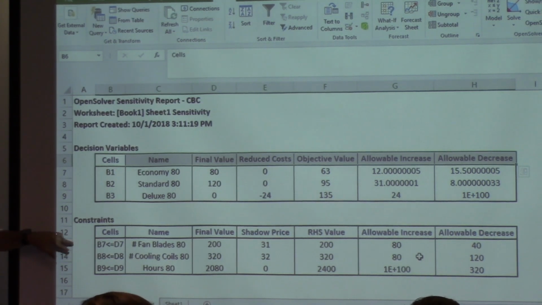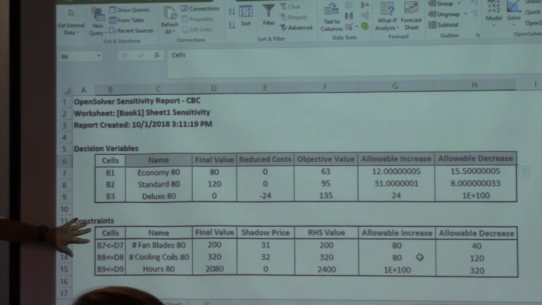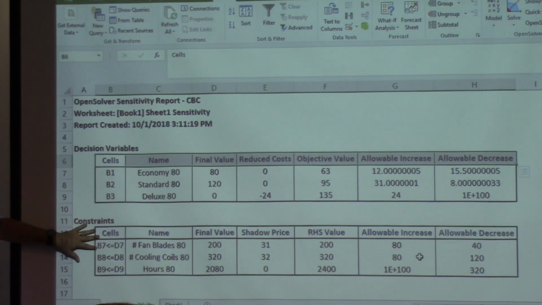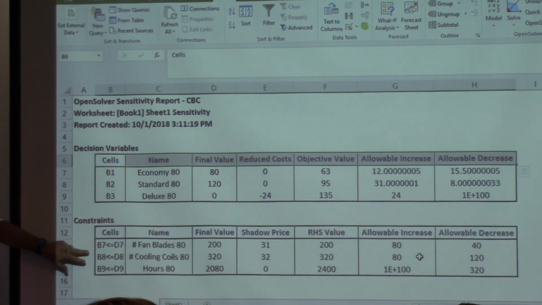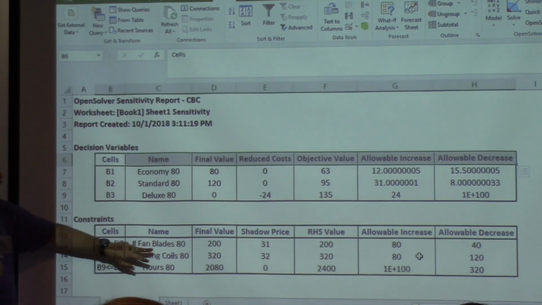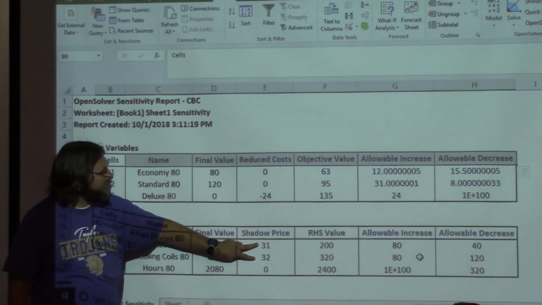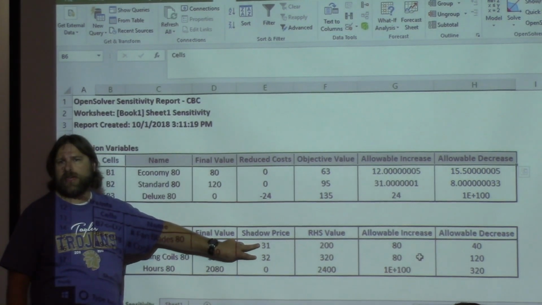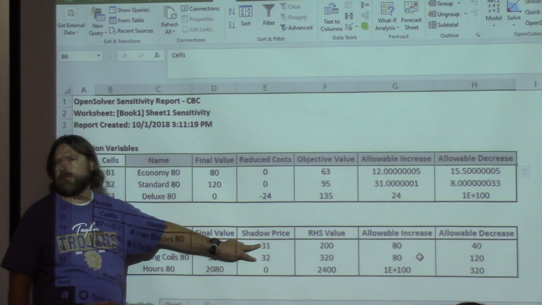Okay. We can see that also here from our sensitivity analysis. How can we tell from our sensitivity analysis that these two are binding constraints? Yep, and even more importantly, they have a shadow price. A shadow price is the same as a dual.